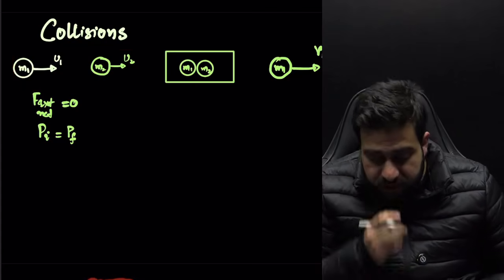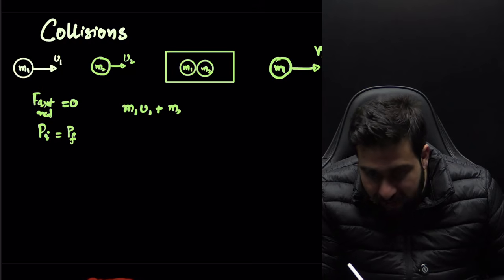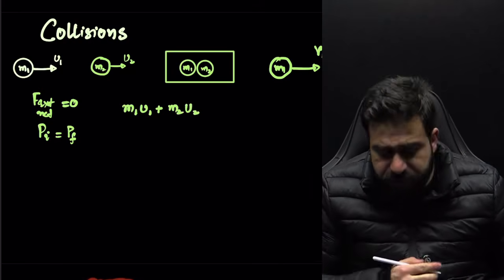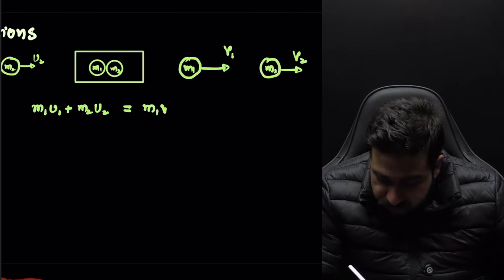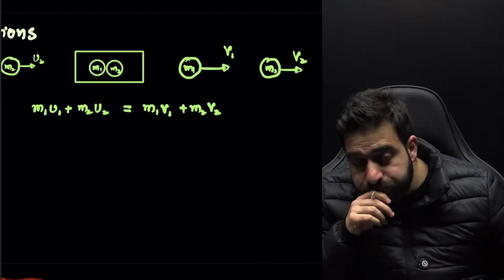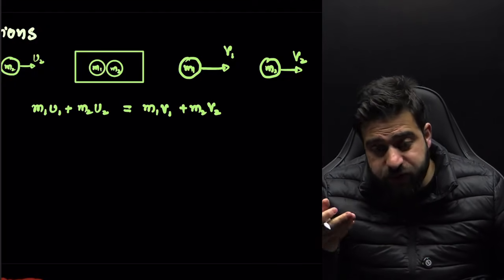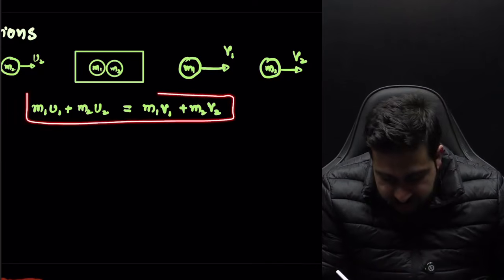Initially it is m1u1 plus m2u2. This is the momentum initially. Then the final momentum is m1v1 plus m2v2, because after the collision the velocities are v1 and v2. This is what we call conservation of momentum.